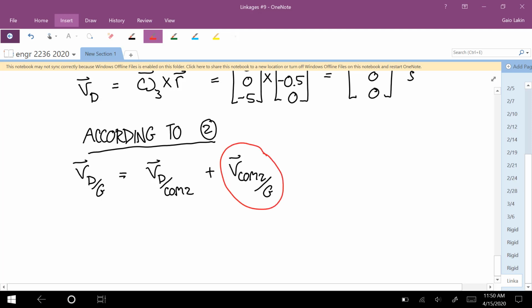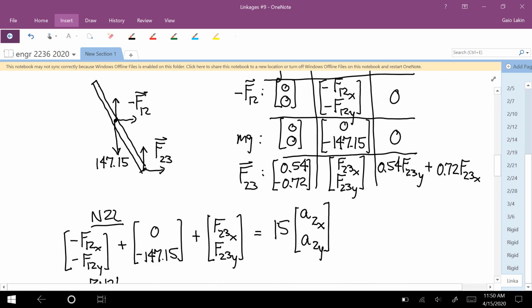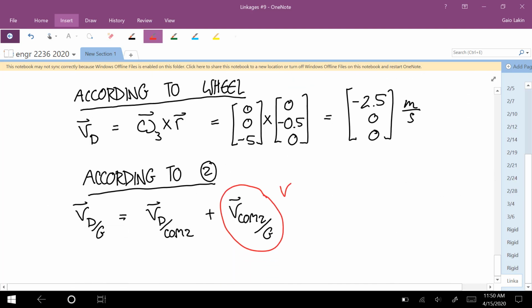And the center of mass of 2 is the joint, let's see what I called that. That is the joint E. Okay, so this is the velocity of E.